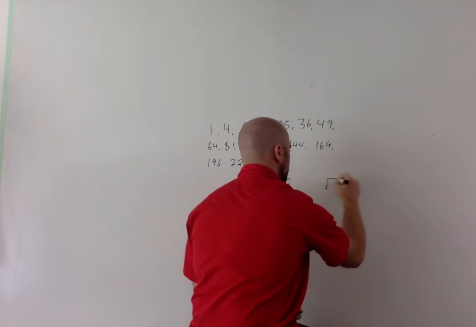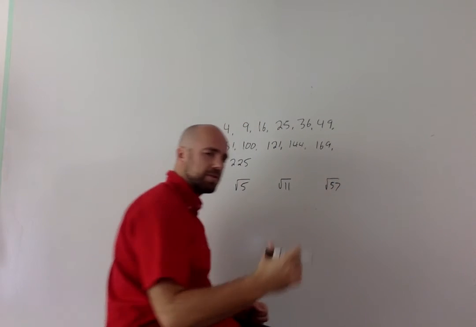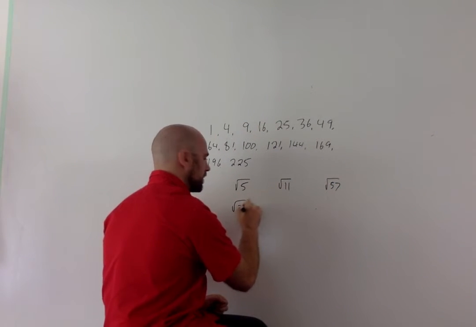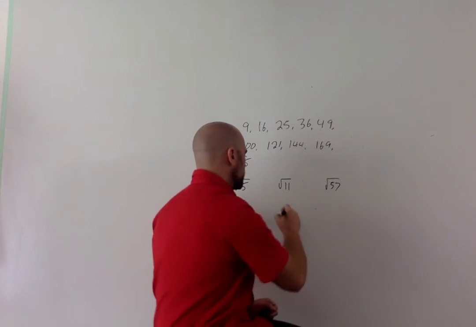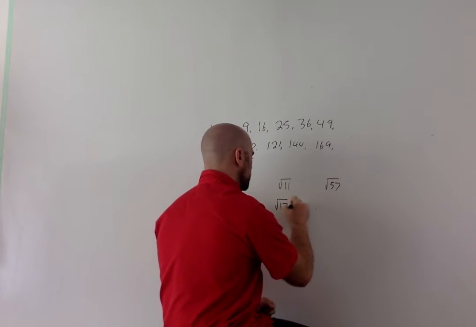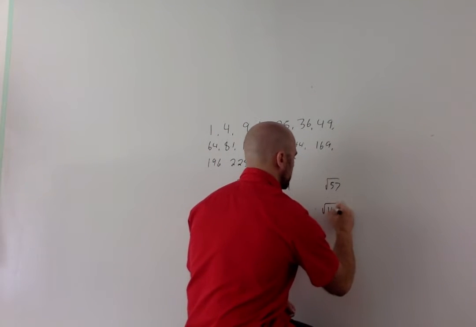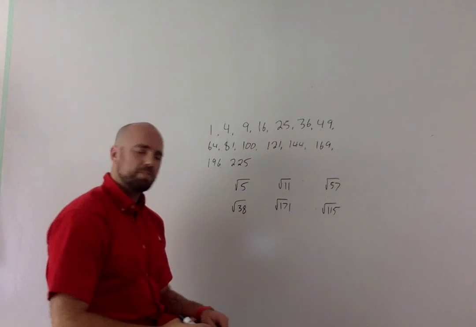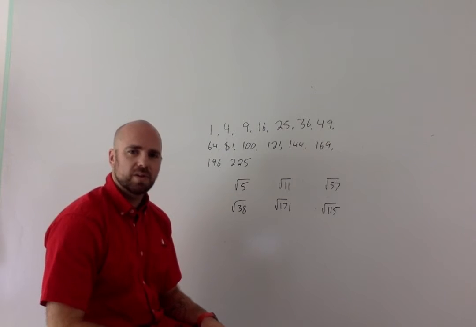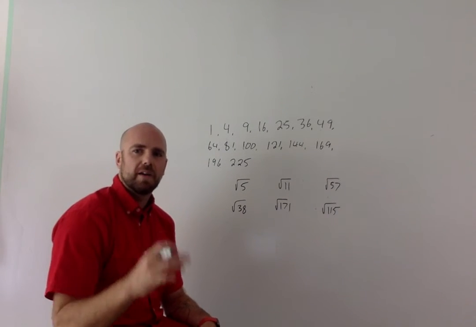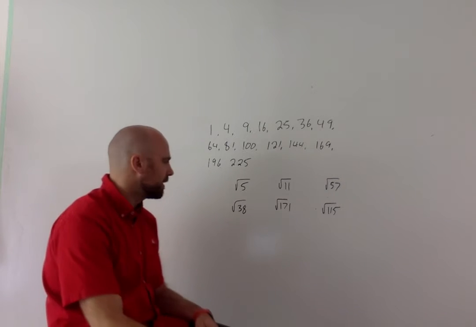Okay, the square root of 57. What do you think that one might be? Square root of 38. Okay. Square root of 171. And let's go with the square root of 115. Okay. So if you want to pause the video, try to answer these questions. Tell me what you think the square root of each of them might be. And then I'm going to continue as soon as you hit play.